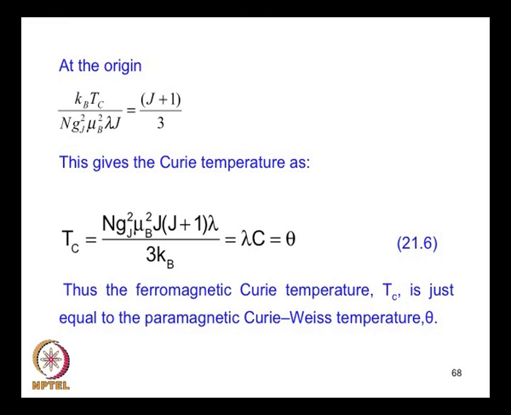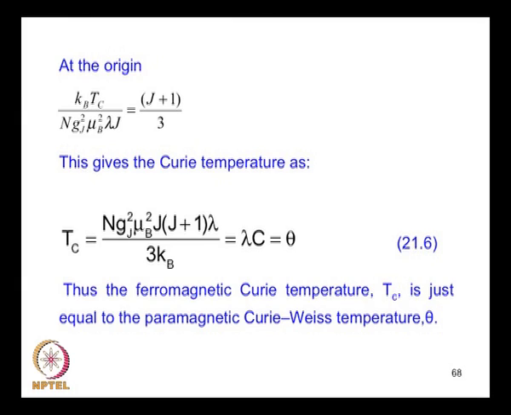So, that gives the expression for Tc. We get Tc equal to gJ μB (J+1) λ / 3kB. This is really J into (J+1)/3.